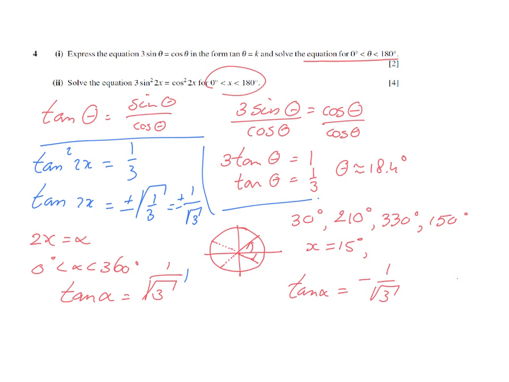It's 105 degrees. 330 divided by 2, 165 degrees, and 75 degrees. So I had to divide all those angles by 2 because I said 2x is alpha. Then I solved for alpha. As a result, the domain changed. I find my 4 values, but I have to divide them by 2 because of that.